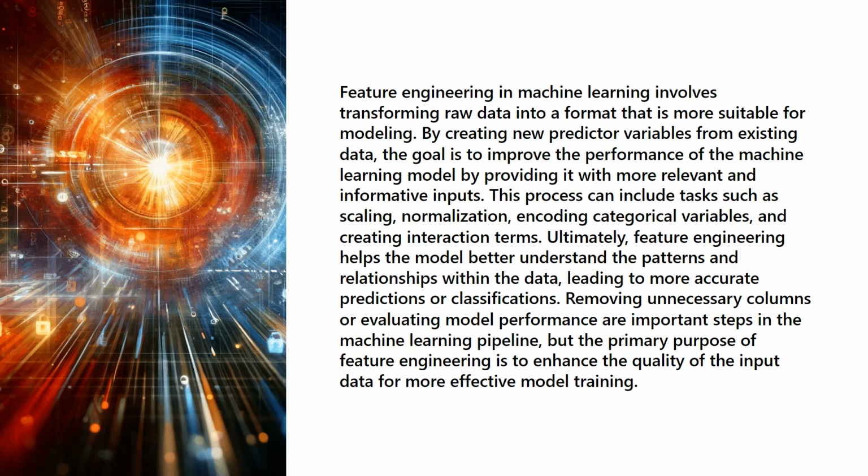Ultimately, feature engineering helps the model better understand the patterns and relationships within the data, leading to more accurate predictions or classifications. Removing unnecessary columns or evaluating model performance are important steps in the machine learning pipeline, but the primary purpose of feature engineering is to enhance the quality of the input data for more effective model training.